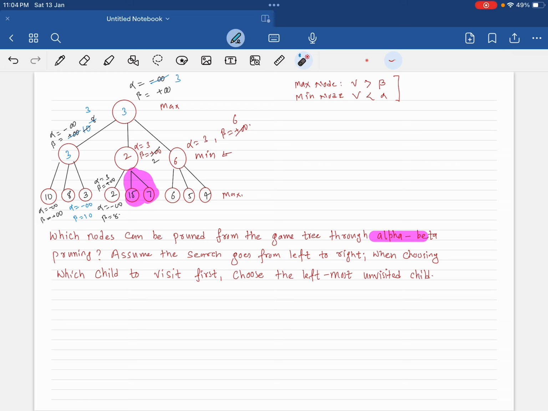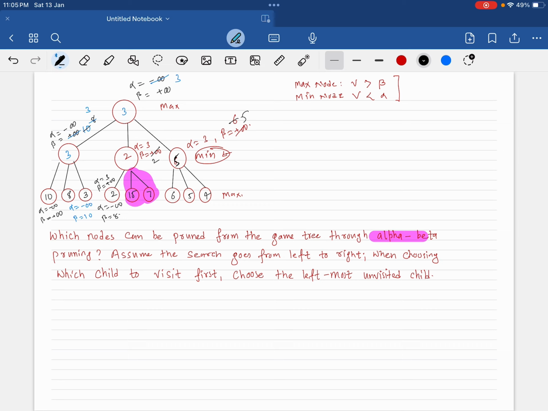Again you check the condition, you are at the min node, right? The node value is 6. Is 6 less than alpha 3? No. That means we are going to visit this node, and beta will get updated to 5, and the value here will be 5 because it's the min node, so it will keep the min value.